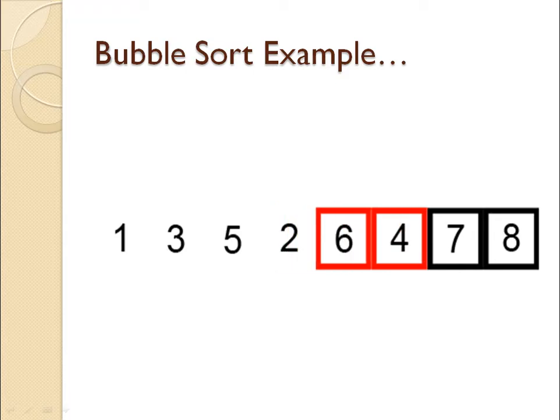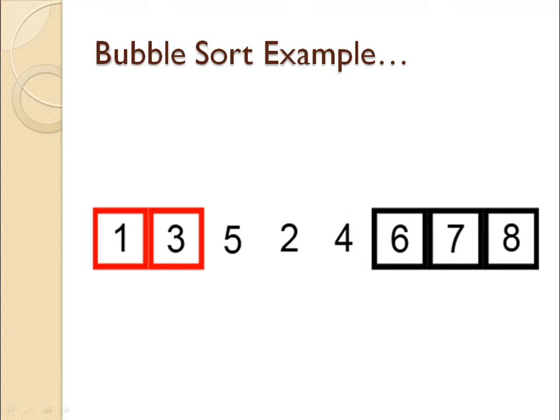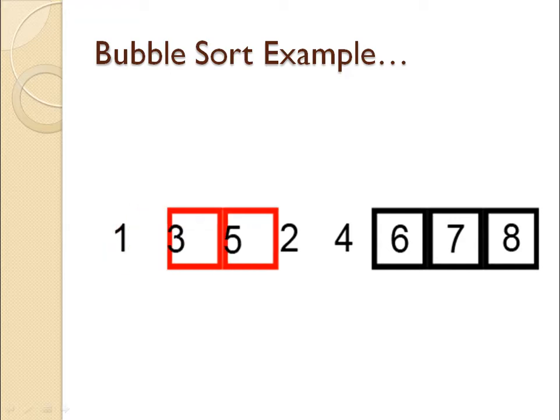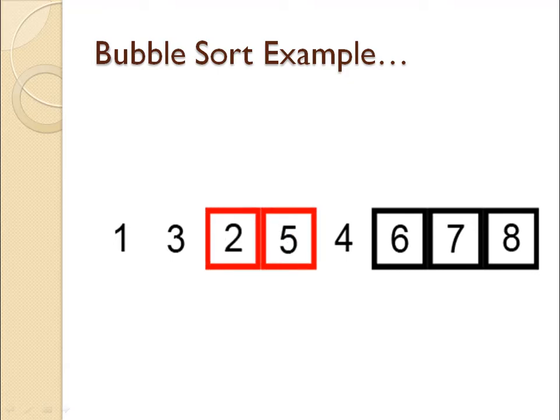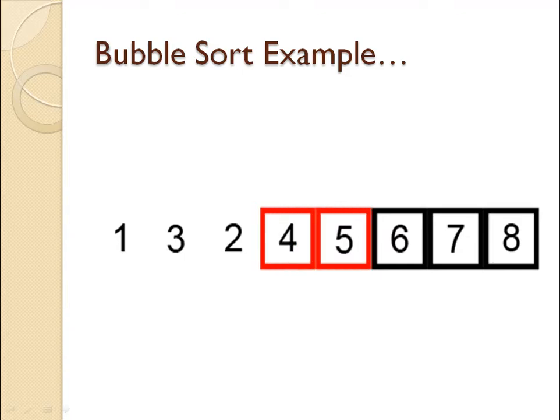Now we have 3 elements placed at their correct position. Now 1 and 3 compared, no swapping. 3, 5, no swapping. 5, 2, yes, swapping. 5, 4, swapped. And 5 is now at its correct position.